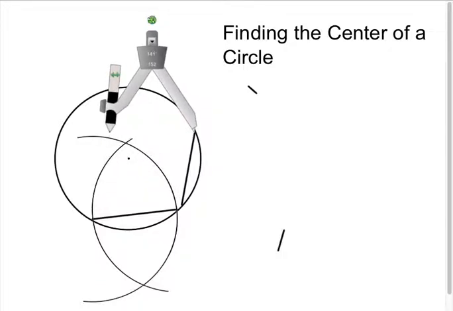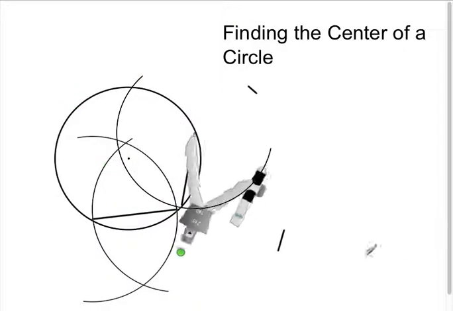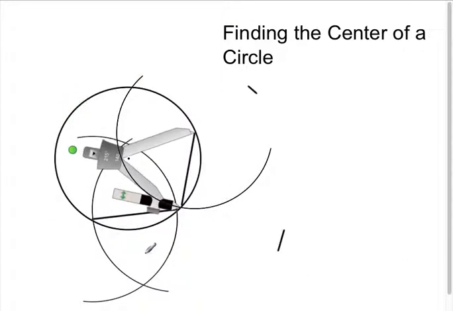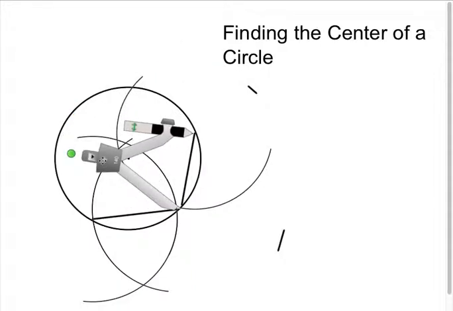The chord, I should say, it's not just a line, it is technically a chord because it has endpoints on the circle. Same thing here. Flip it end for end, slide it down. And do the same thing.